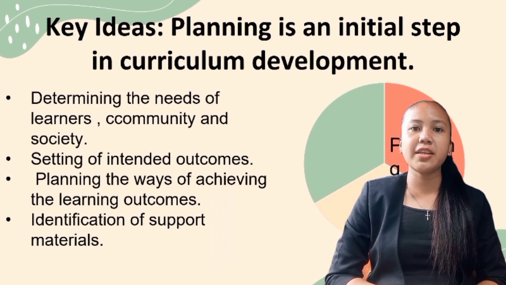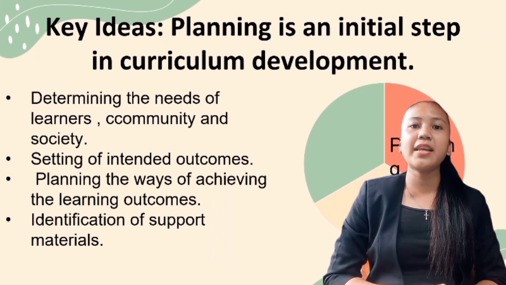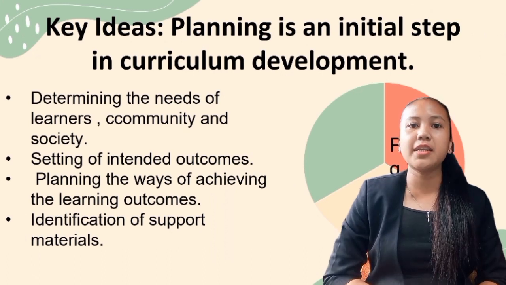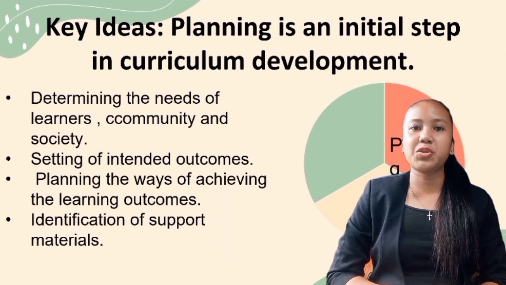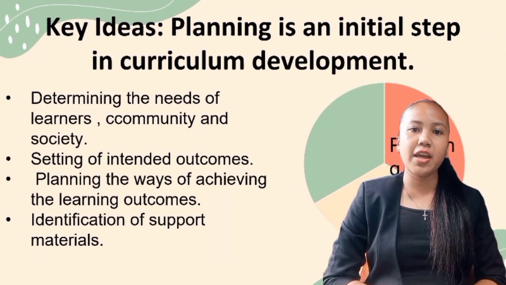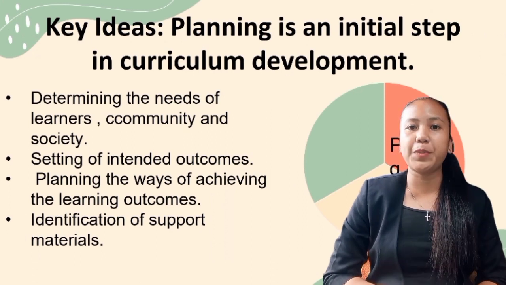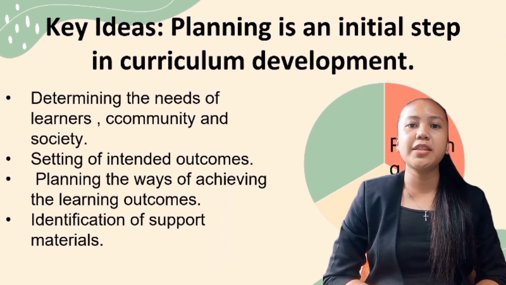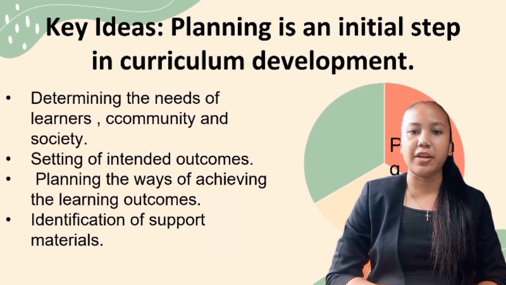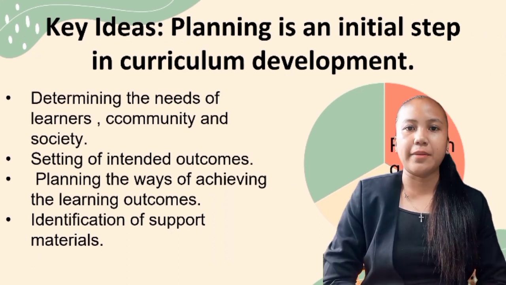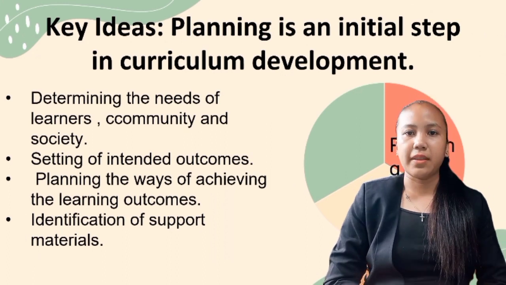After establishing this, a curricularist should find out in planning the ways of achieving the desired outcomes. These are ways and means, and the strategies are the identification of support materials. All of this should be written and should include the means of evaluation. An example of a curriculum plan is a lesson plan. It is a written document.